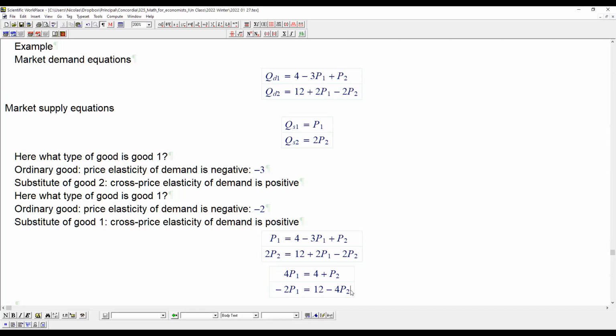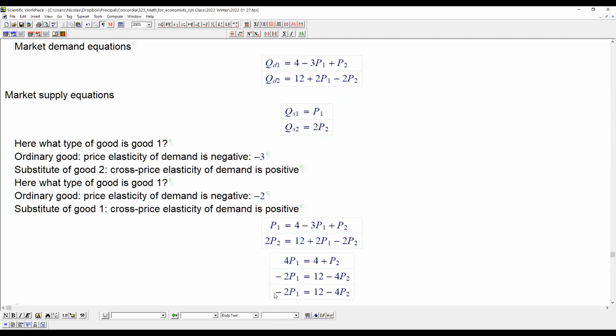What we could do is multiply this by minus 2. So I would get 4P1 equal minus 24 plus 8.